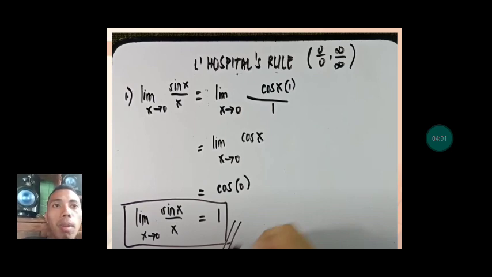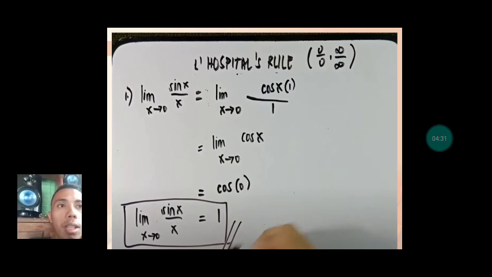So, we get the derivative first of sine x. What is the derivative of sine x? It's basically just cosine x times 1. After that, we also get the derivative of the denominator of the limit, which is x. What is the derivative of x? It is just 1.